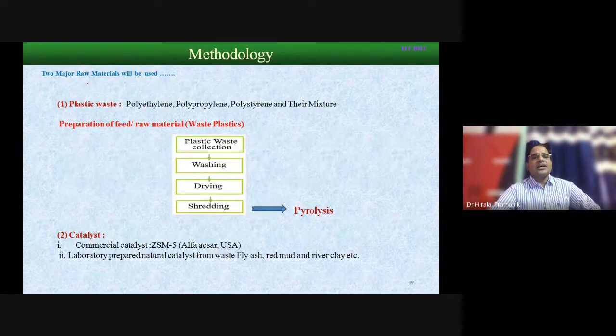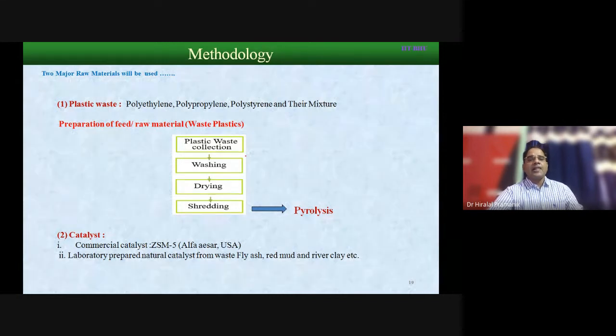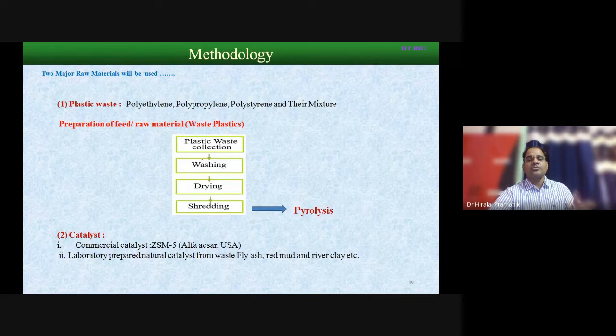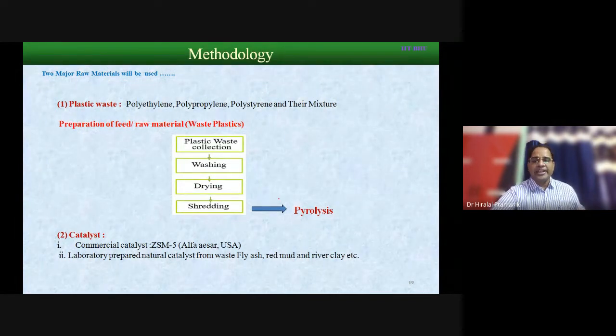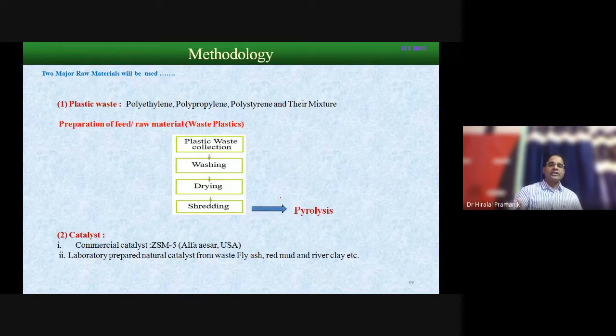First is plastic waste after collection. What is done? It is cleaned by washing with water, then drying and shredding using a scissor. But when you talk about industrial or commercial production of fuel oil from plastic waste, then there must be a shredder machine, right?